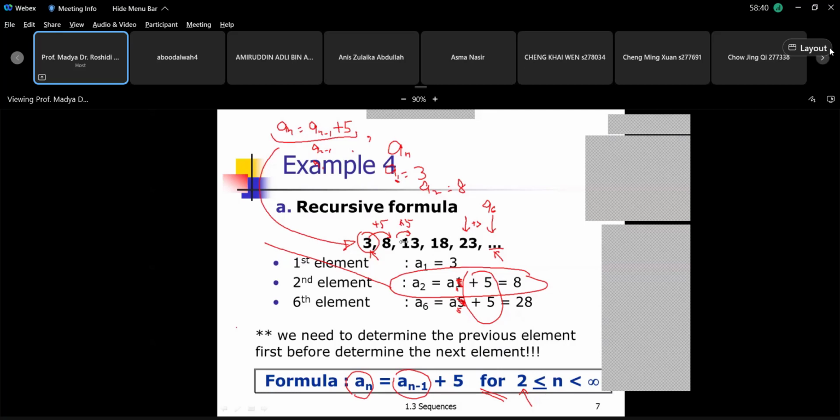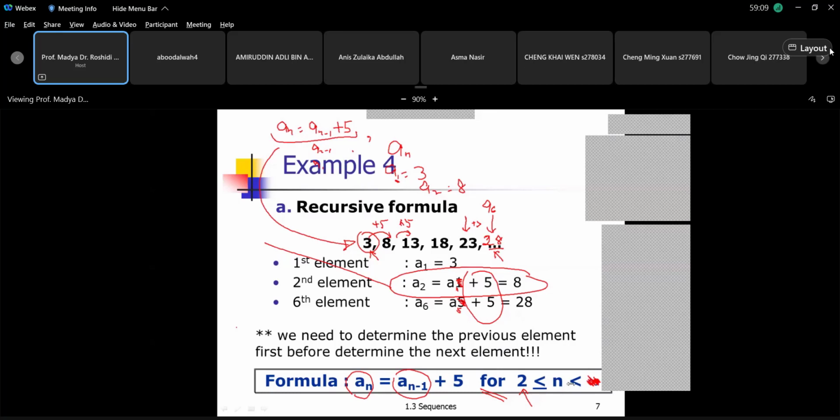Okay, if in this sequence we change something, for example here we put 28, then we know the ending point is 28. So here we cannot put infinity, because we know the ending point.